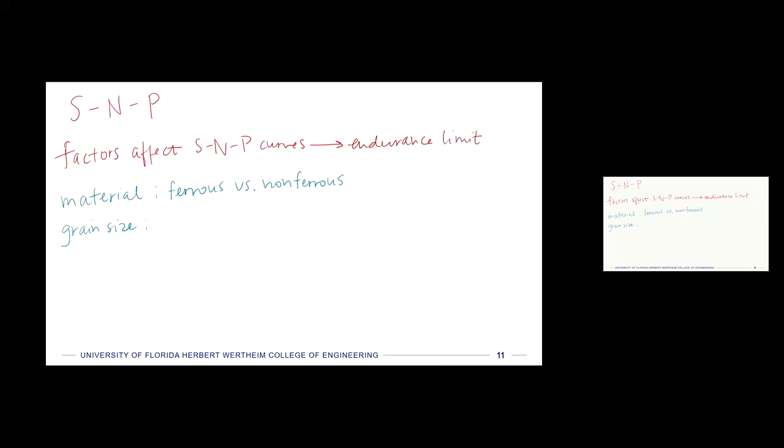Okay. If you've taken an advanced manufacturing course here, you may have talked about Hall-Petch behavior. This is two names combined, Hall-Petch. And Hall-Petch behavior says that the yield stress of a metal is proportional to 1 divided by the square root of the diameter of the grains, the average diameter of the grains.